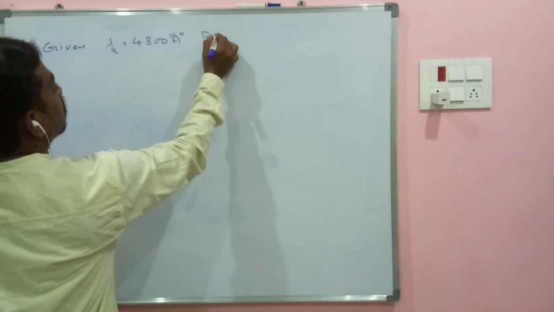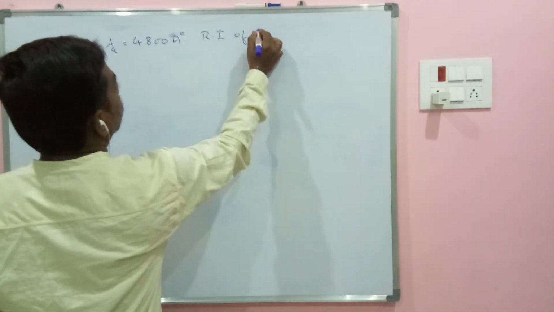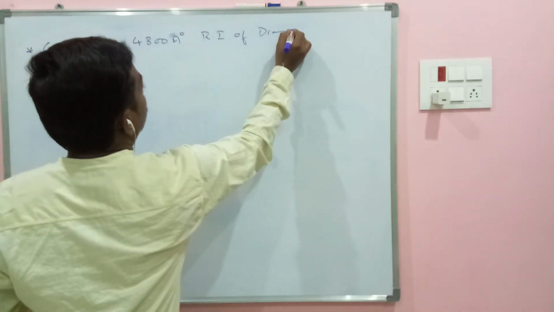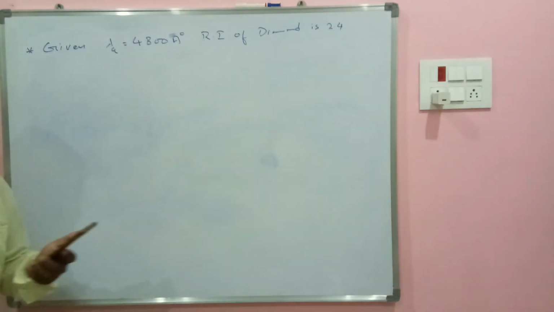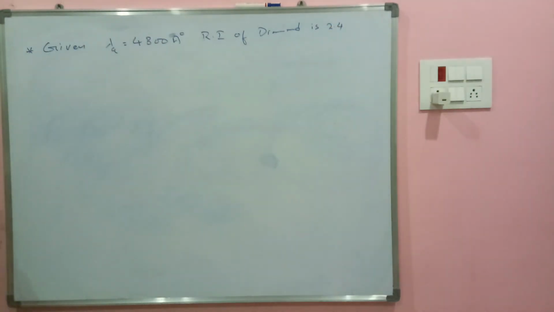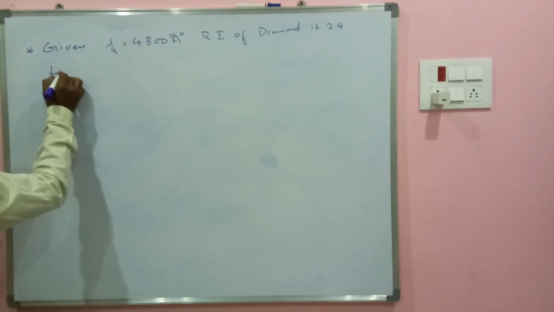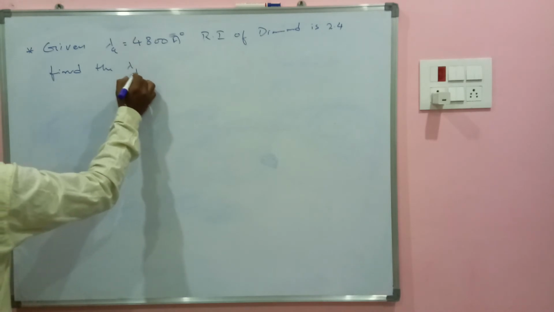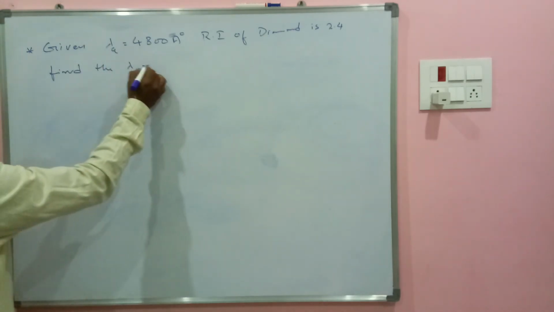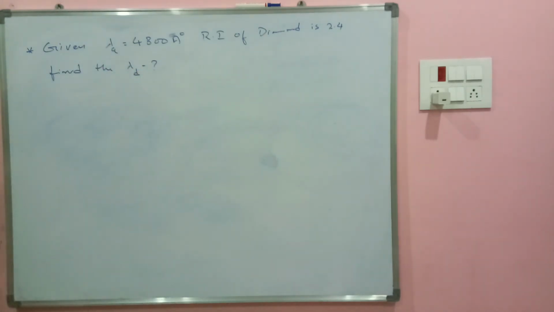And the refractive index of diamond is 2.4. Find the wavelength in diamond.